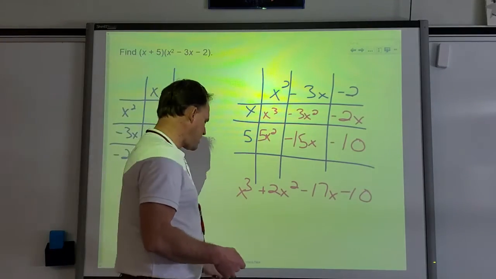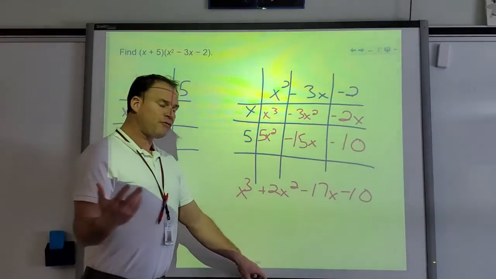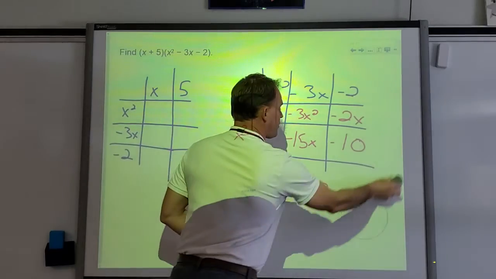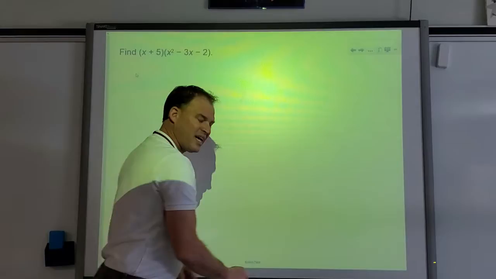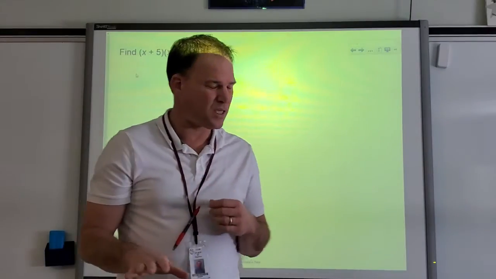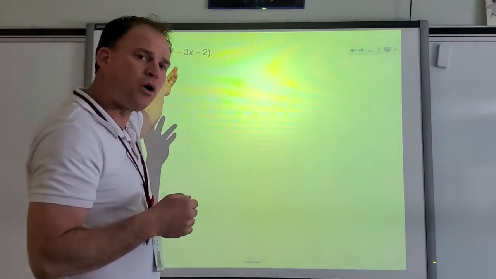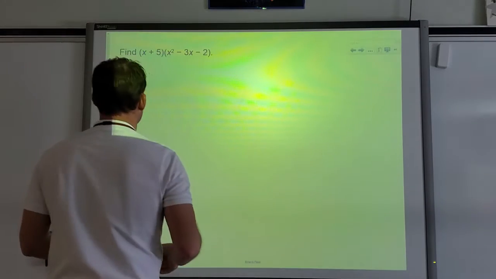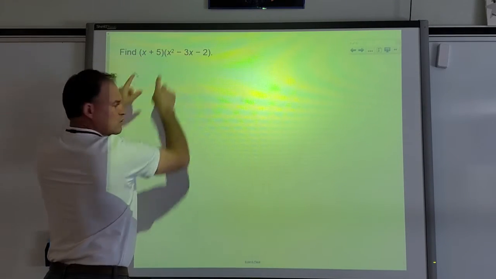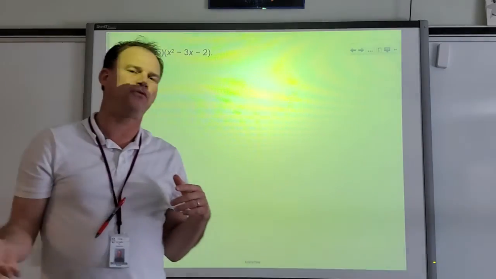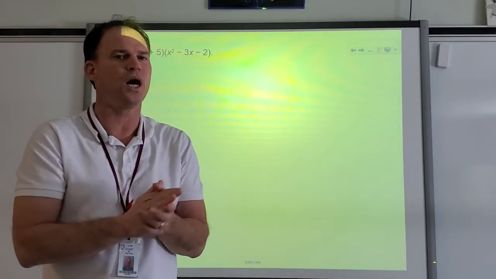No big real adjustments. The difference is for those of you who loved the third method, FOIL, and this is why I don't really like FOIL that much, it kind of falls apart here. Because I can't do first outside, I got to do this also. So the acronym FOIL doesn't really hold up here.